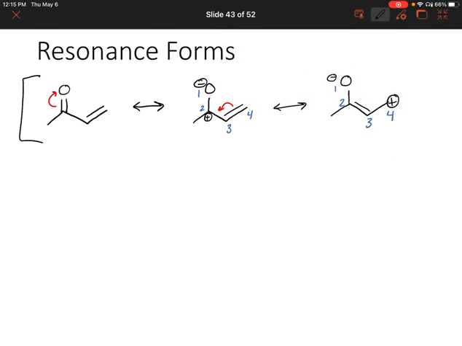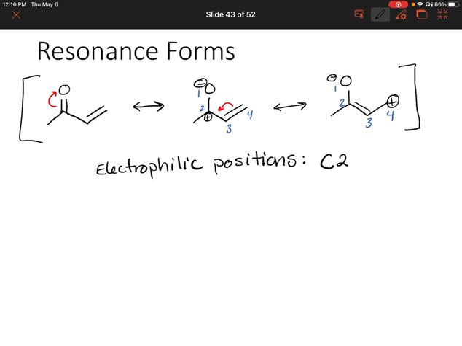So, knowing what we know about nucleophiles and electrophiles, where are the electrophilic positions on our alpha-beta unsaturated ketone? The electrophilic positions are at carbon 2 and carbon 4.